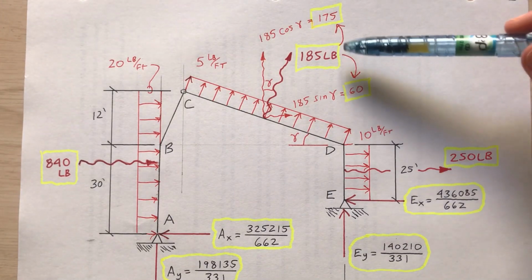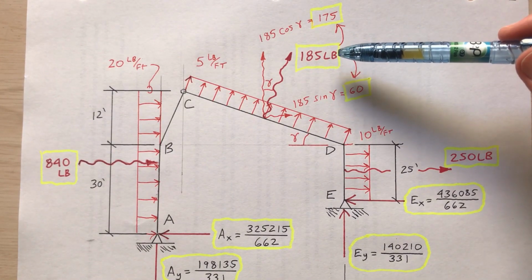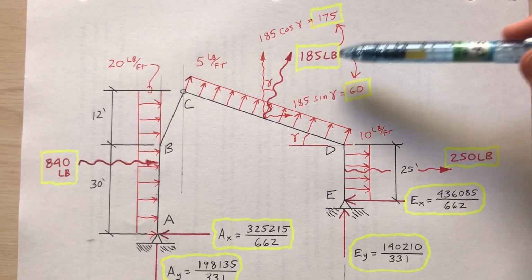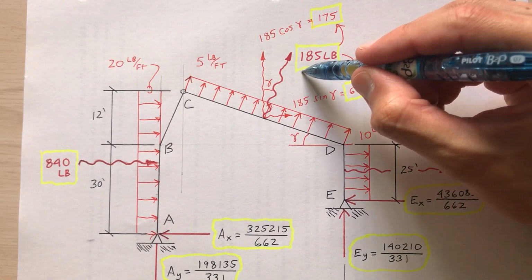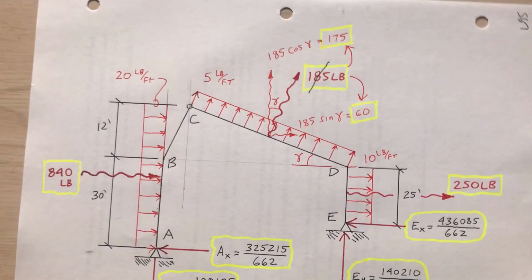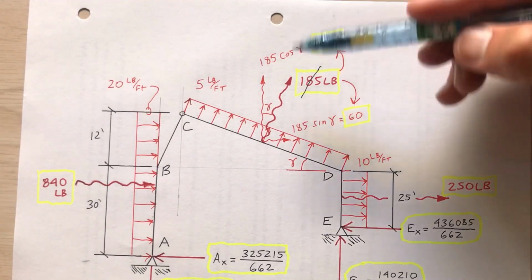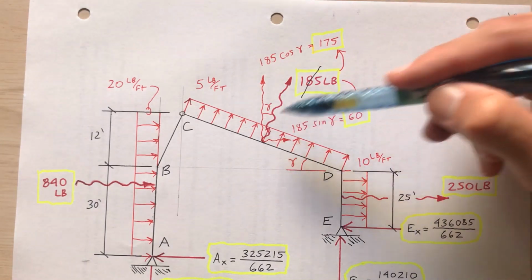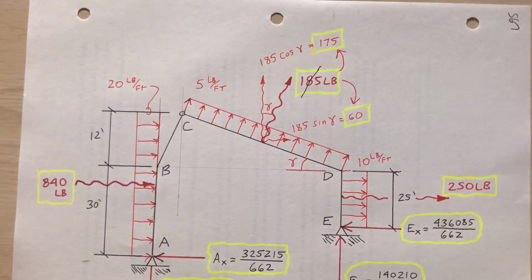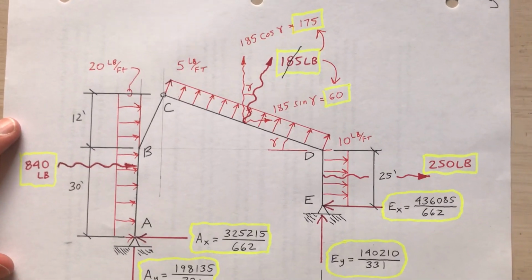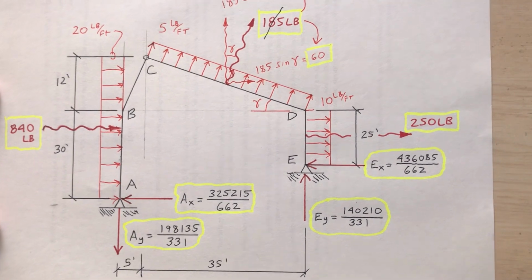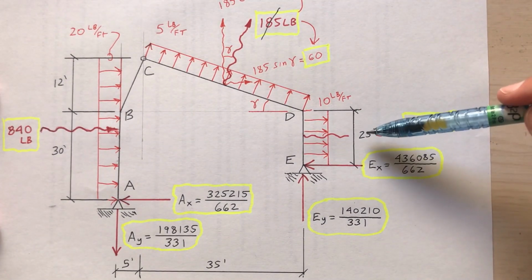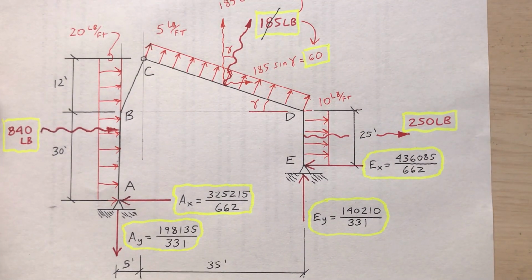So I get the 185, and then I broke that up into horizontal and vertical components. Now that you see it, I'm going to lightly cross it off because that gets replaced with 175 vertical right here and a 60 horizontal based on angle gamma. And then on the leeward wall, where I've got suction, 10 pounds per foot times 25 feet, that's 250 pounds.